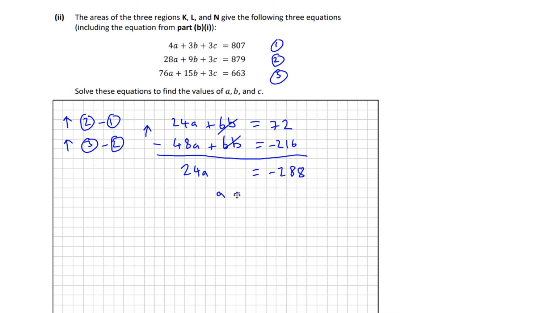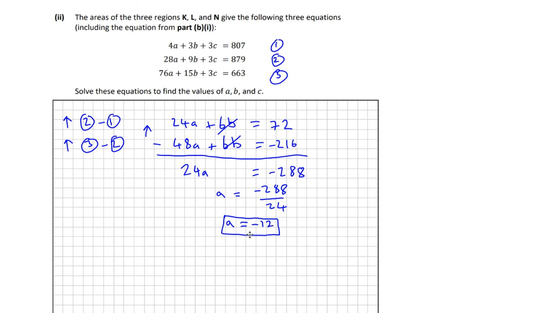So a will be equal to minus 288 divided by 24. Divide both sides by 24, and that gives us minus 12. So a is equal to minus 12, or negative 12.